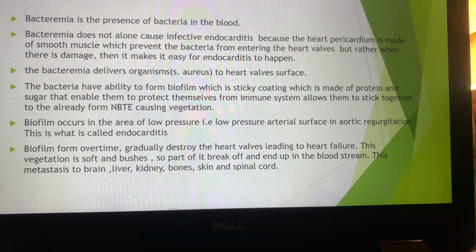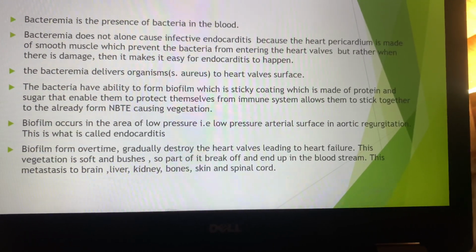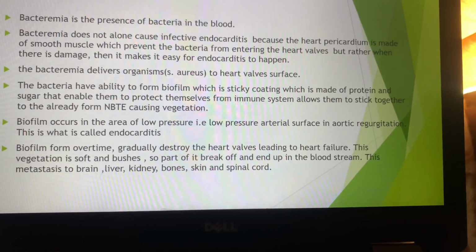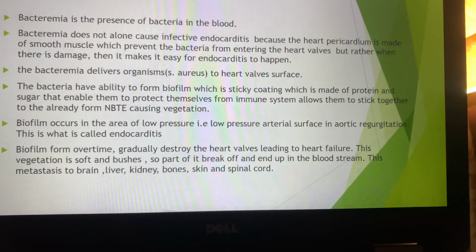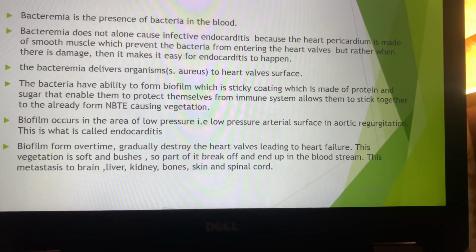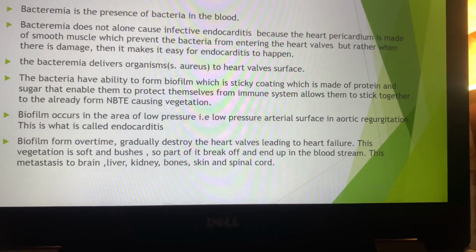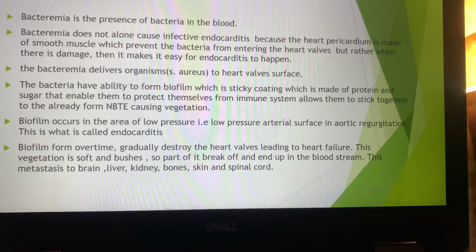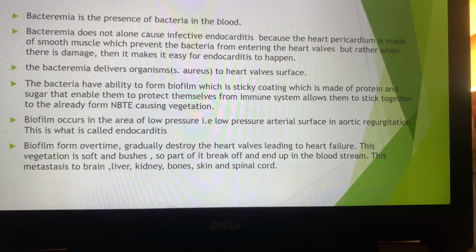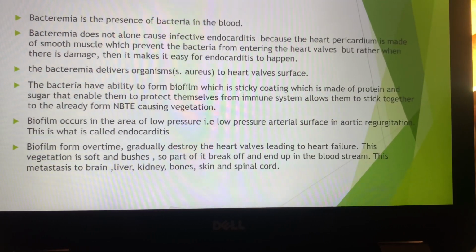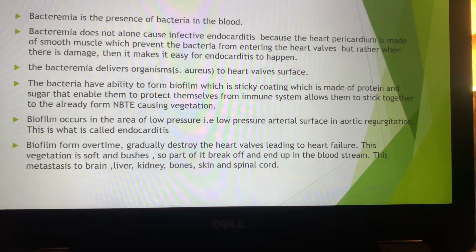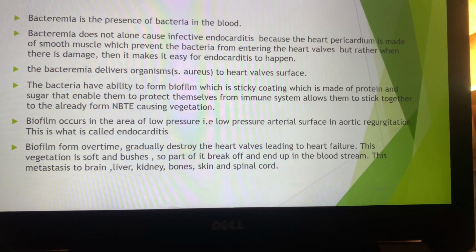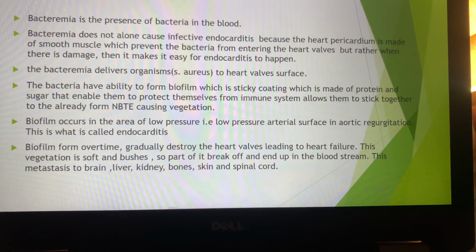Biofilms formed over time gradually destroy the heart valves, leading to heart failure. This vegetation is soft and bushy, so part of it breaks off and ends up in the bloodstream. These metastasize to the brain, liver, kidney, bone, skin, and spinal cord.